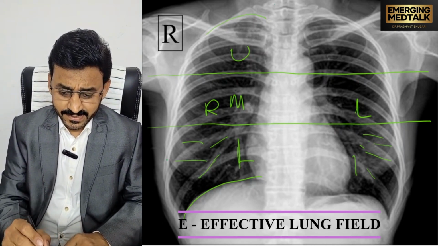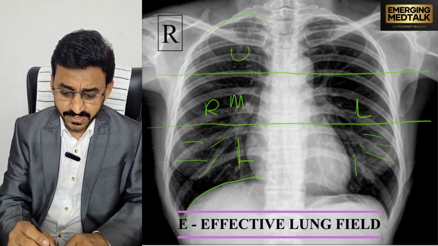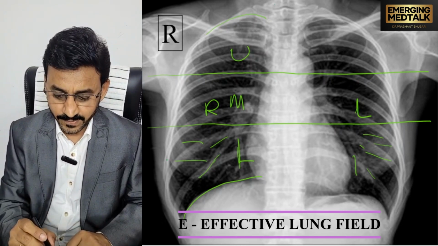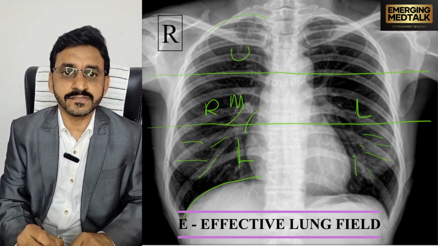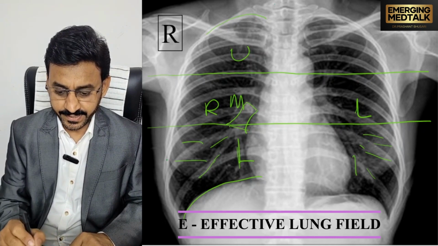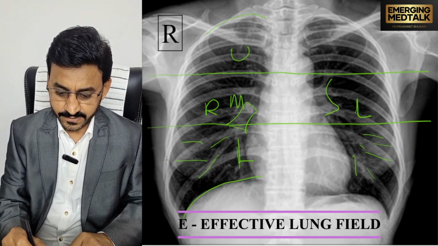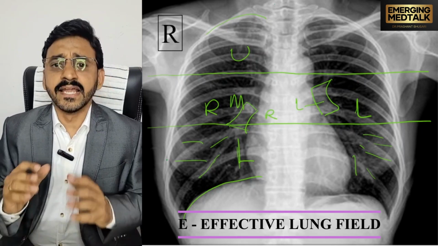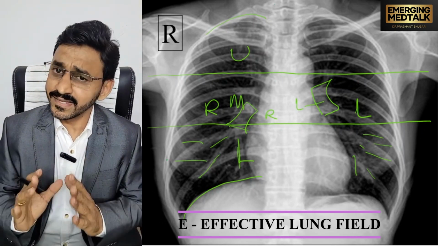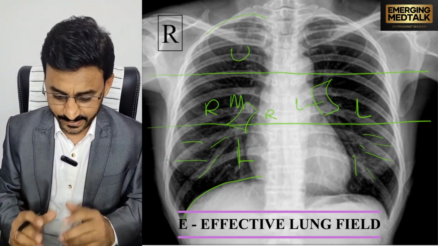Then we will also see the hilum, that is the right hilum and the left hilum. This is the right hilum on this side, and here is the left hilum. The left hilum is always at a higher level than the right hilum.